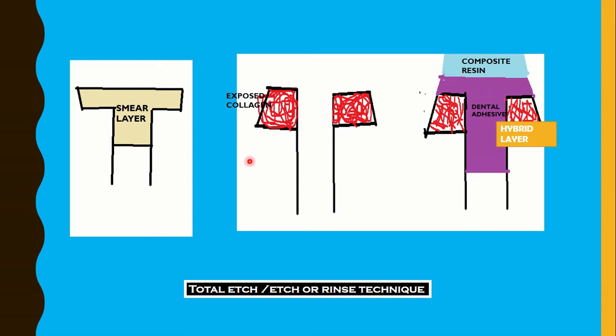And what is the result of the acid etching in case of the dentine? So in dentine, there is removal of the smear layer, and that demineralizes the intertubular dentine 3 to 5 micrometers deep, and that leaves a mesh of collagen fibers exposed.